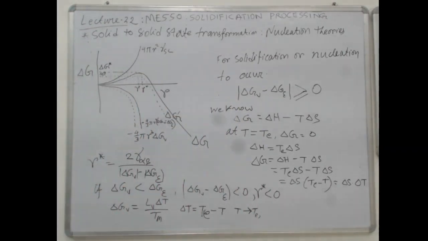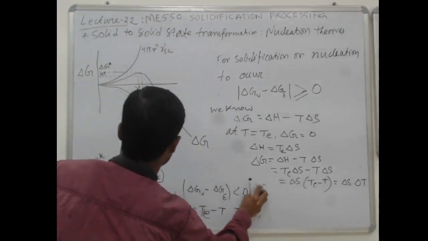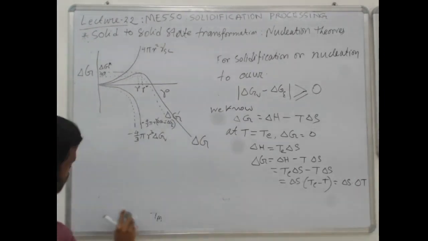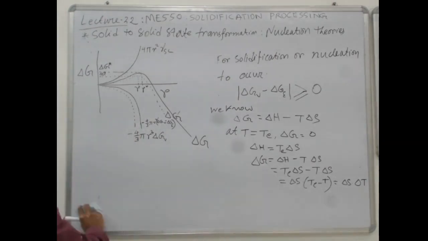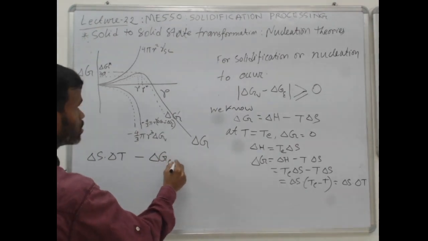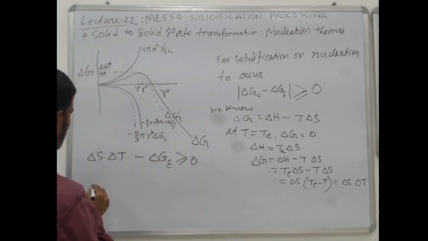Now if you put this in this equation, what do you get? Delta S into delta T minus delta G E greater than or equal to 0.